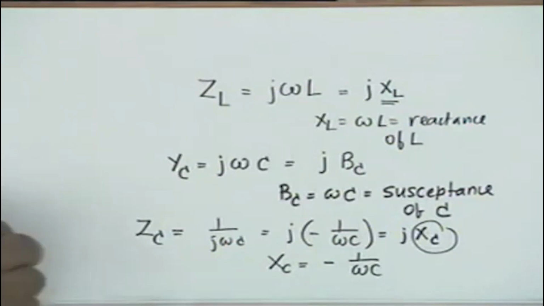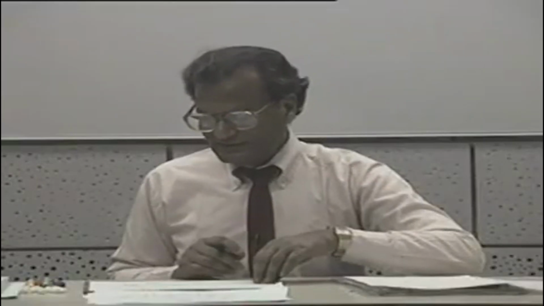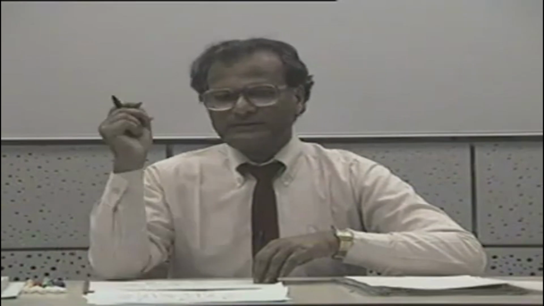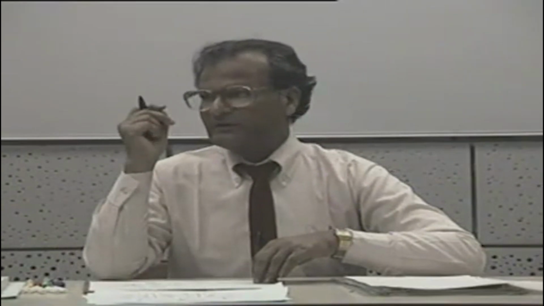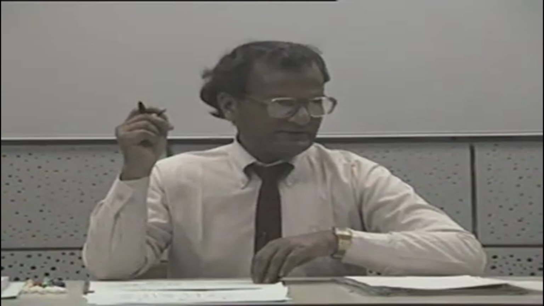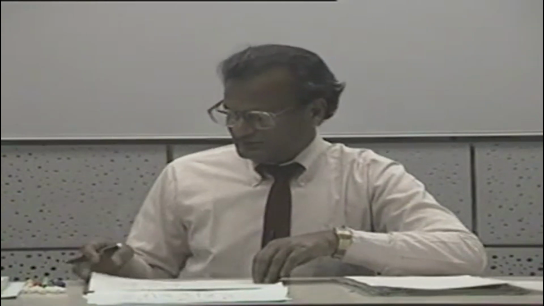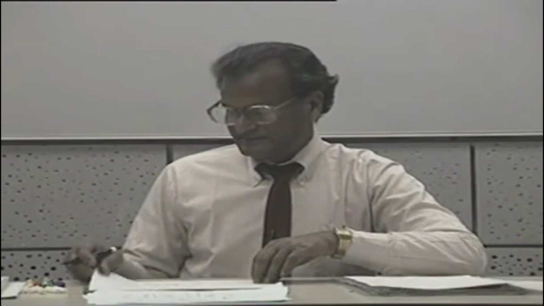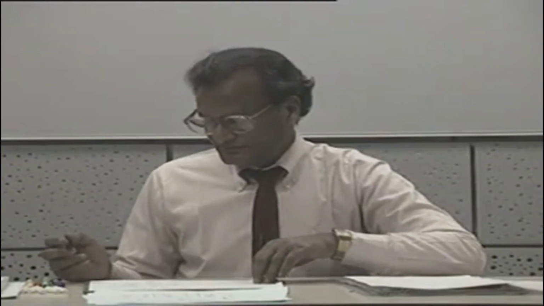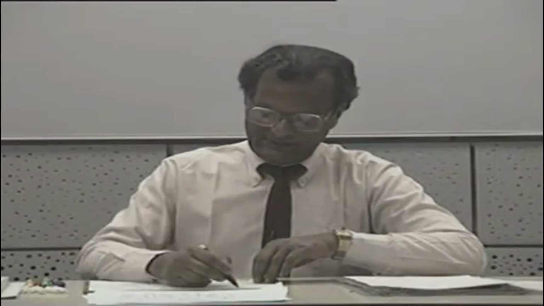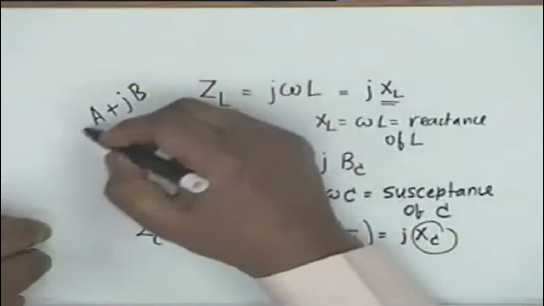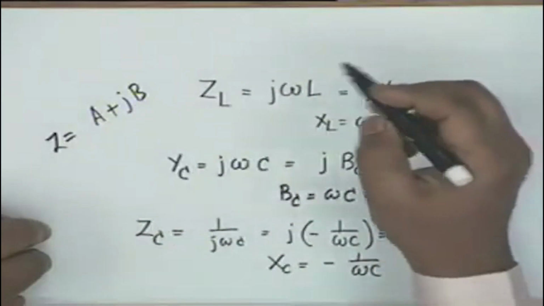After we define the impedances for sinusoidal excitations, we can combine them exactly in the same manner that we combined impedances for e to the st excitation or combined resistances. For example, suppose we have an impedance of the form R plus jX. Then even in this case X will be called the reactance. That's right.